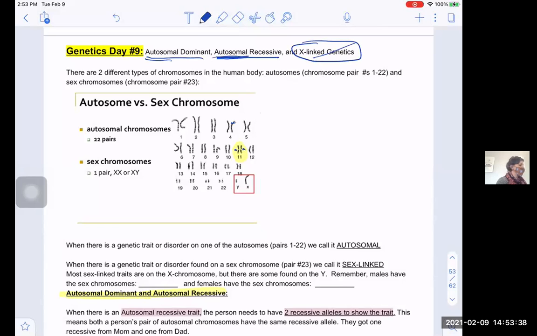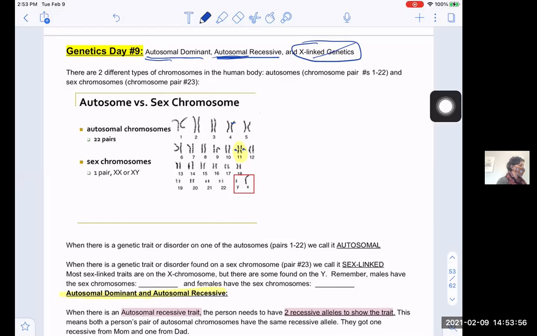So first of all, there's two different types of chromosomes in our bodies, in our cells. We have autosomes, which are your chromosomes paired number 1 through 22, and sex chromosomes. So those are the two different types of chromosomes that you have.